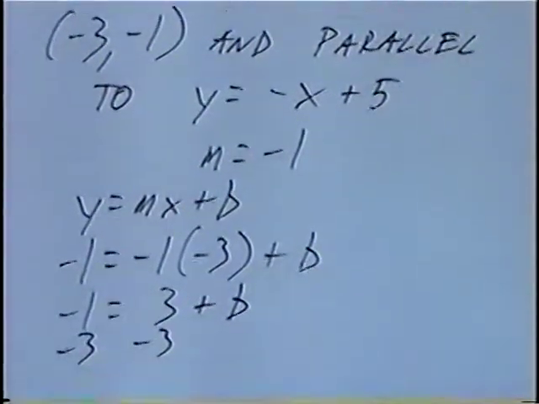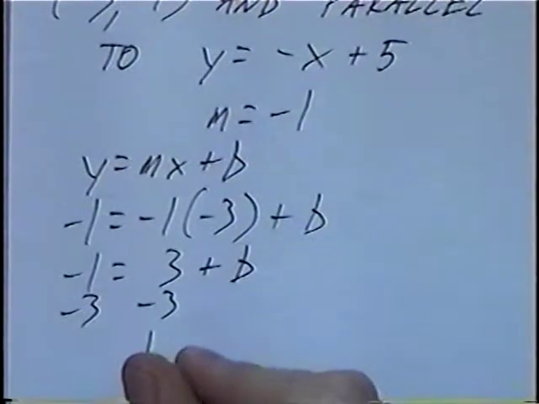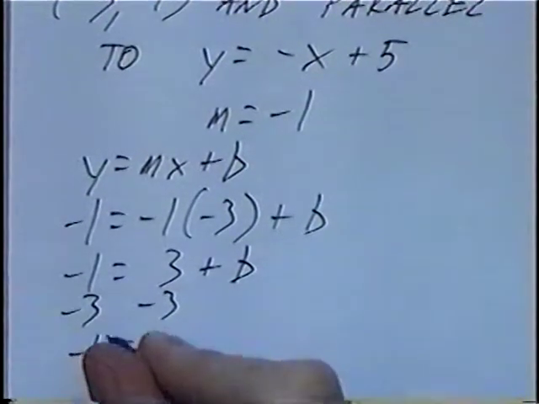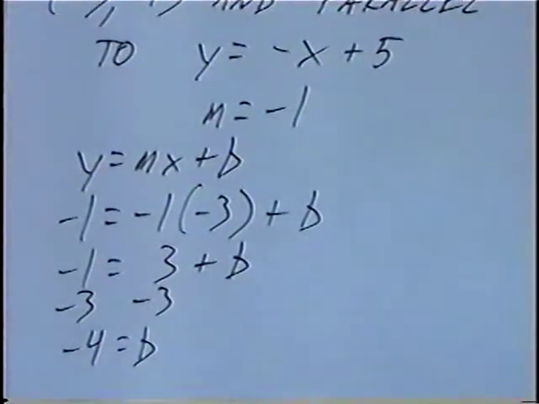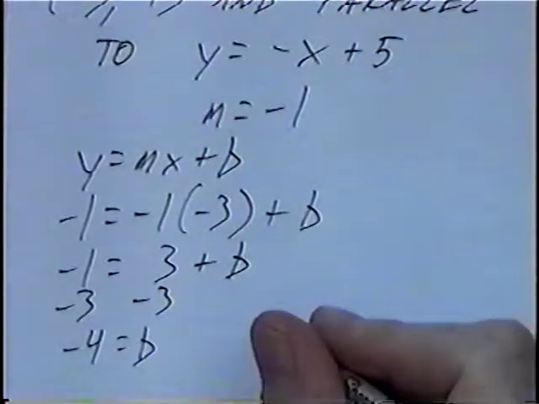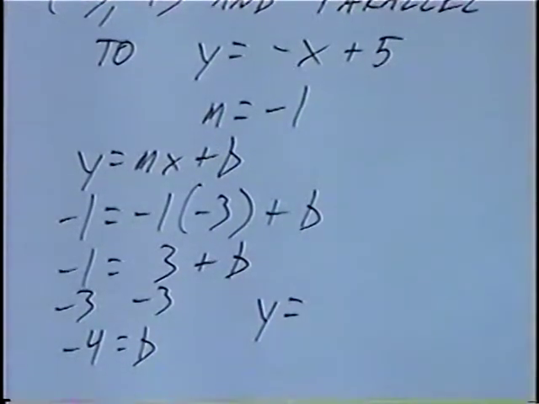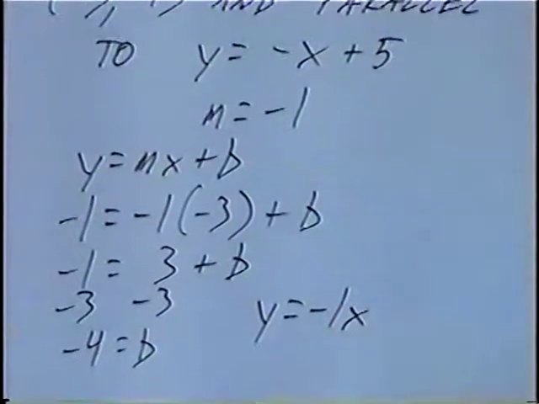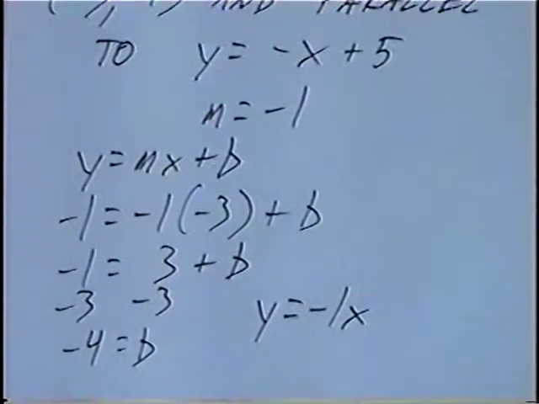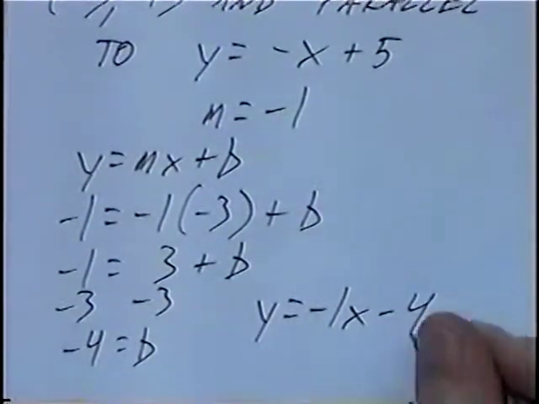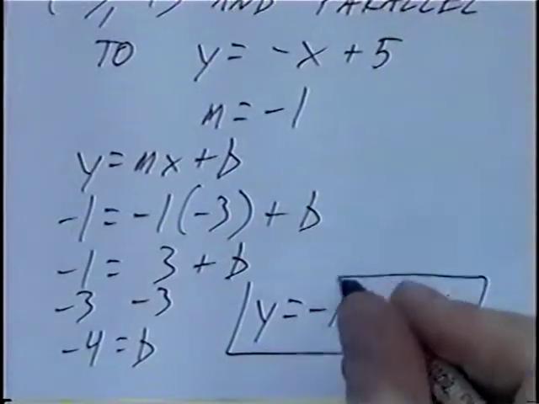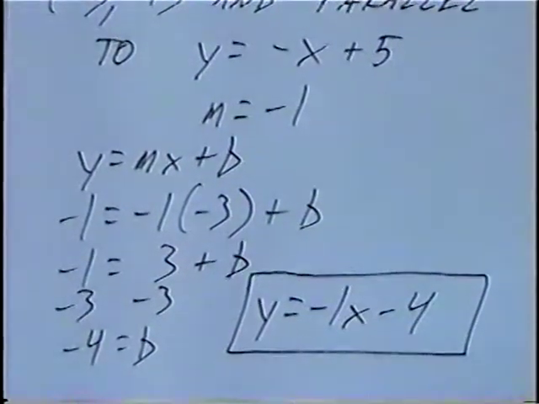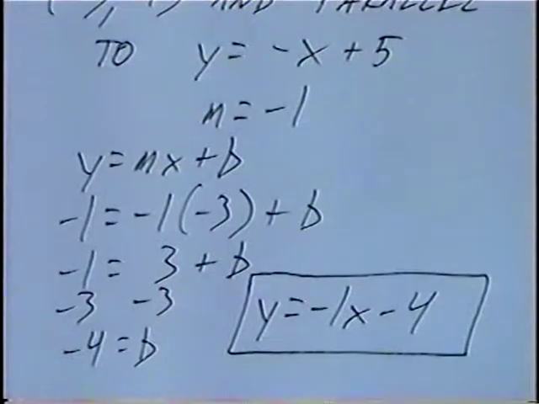Solving, you can subtract, and b is equal to -4. The answer to the question again will be an equation. Y equals, the m is -1, so -1x, and the b value we found was -4. So the equation y equals -x minus 4 would be the answer.